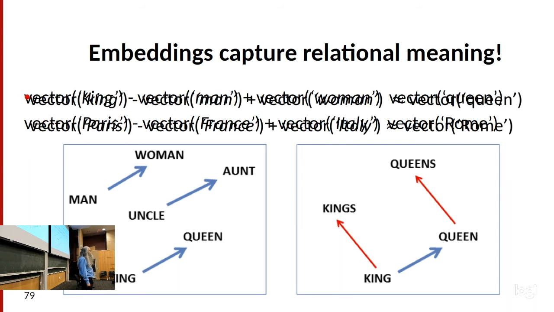Ooh. Wait, are we getting decomposition of the representation of semantic features in words in this 300 floating point representation? And the answer is sort of.